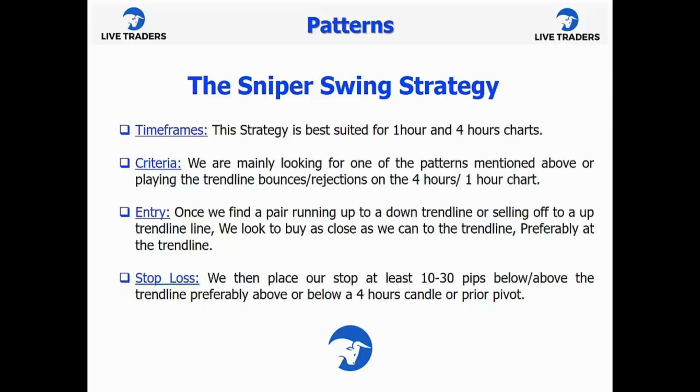So ideally your stop losses should be under a level 2 support or a level 1 support or below a pivot. Or once you're buying, let's say, a pullback into the hourly or 4 hourly trend line, your stop loss should go below that bar. So you're going to wait to let that bar close, and then you'll put a stop loss below that. Okay, so that's what we're typically trying to do, but make sure you're giving it a minimum of 10 to 30 pips. Otherwise you're going to get taken out of a lot of those trades only to see them work anyway.